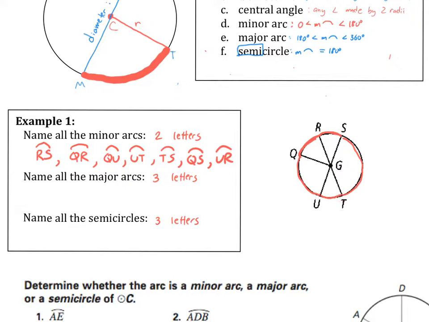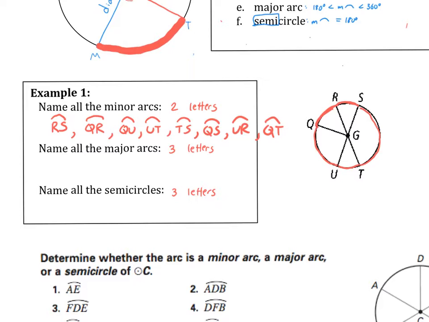QT is another one, arc QT. We've done all the individual ones and all the overlaps. Notice that UTS is not going to be minor because it looks like this is a diameter, so it goes halfway around. So it looks like we're good to go on that.